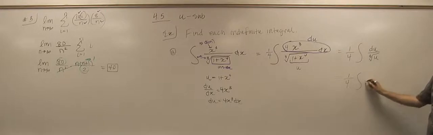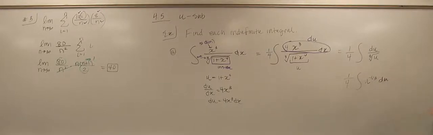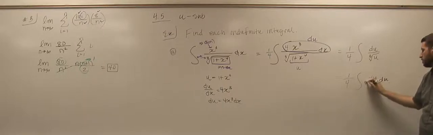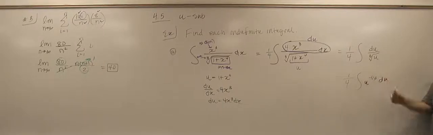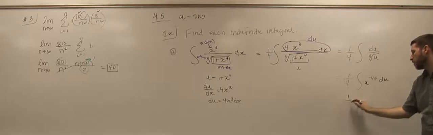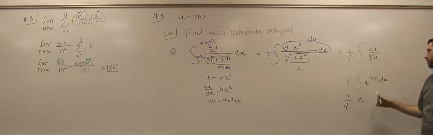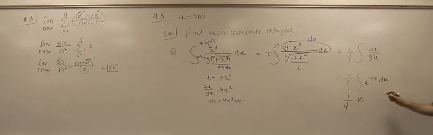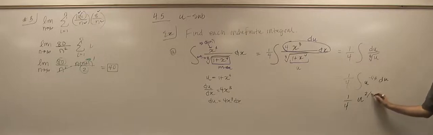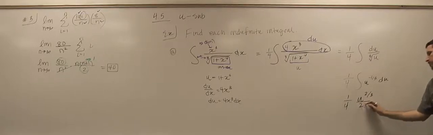Right, so 1 over cube root of u becomes u to the negative 1/3. Then you do your power rule, add 1 to the power. So negative 1/3 plus 1 is 2/3, over 2/3.